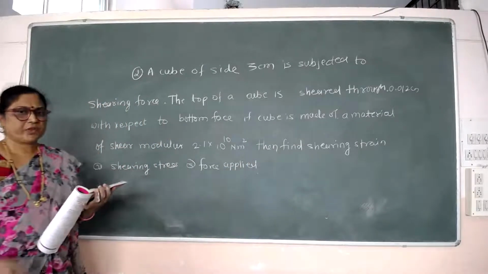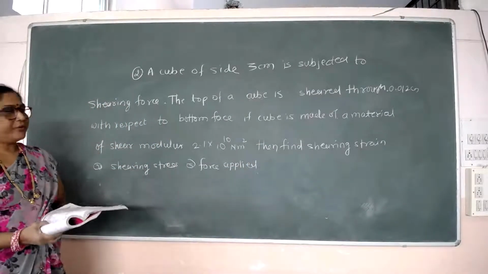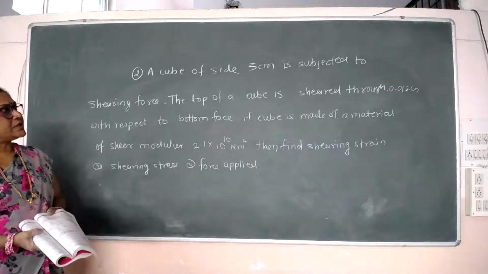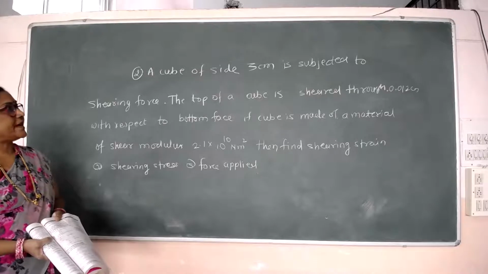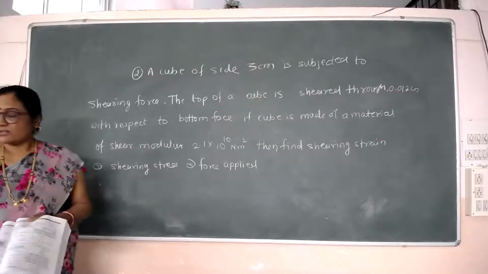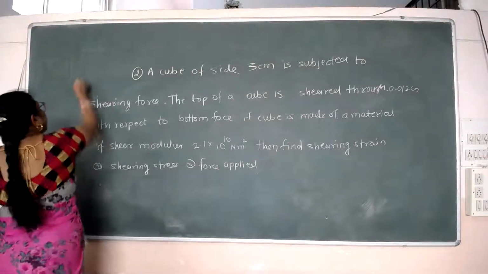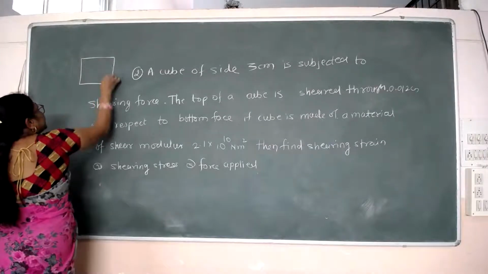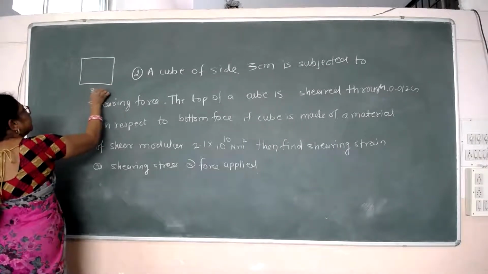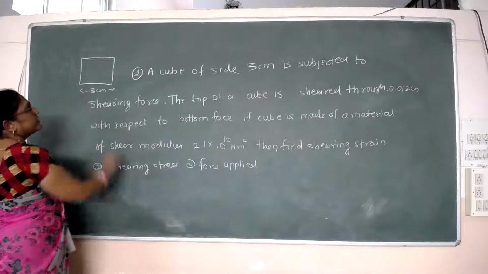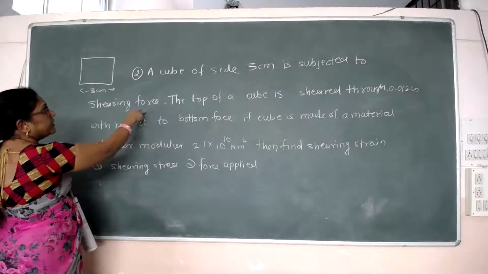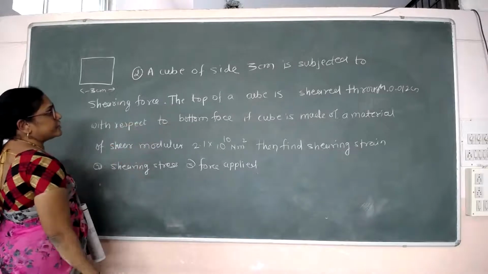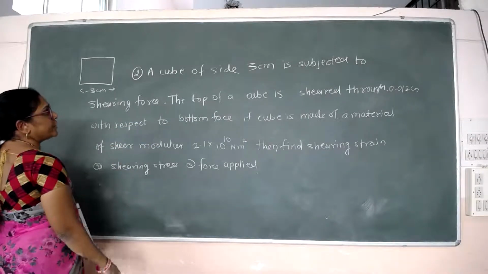So here, see the question carefully, find out the given values, substitute in the formula and find out the answer. A cube of side means the side is 3 centimeter. The shearing force acts on it, and the top of the cube is sheared through 0.012.